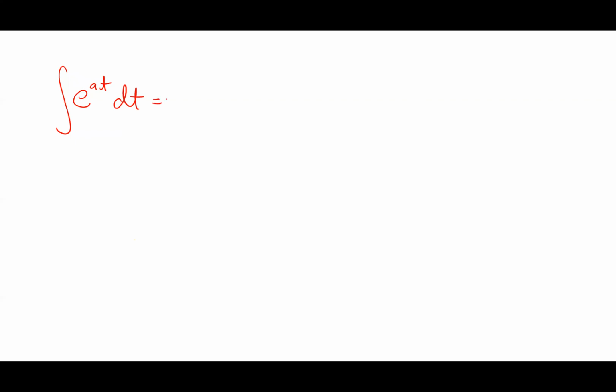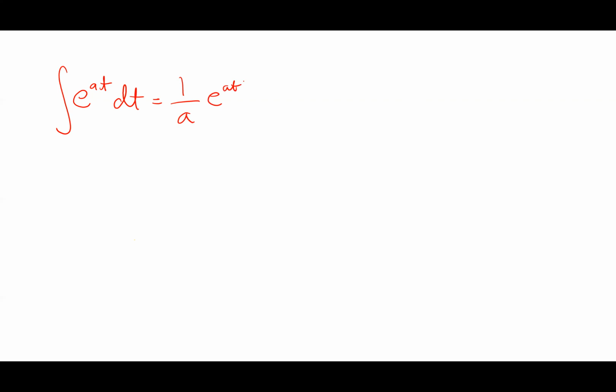What's that integral? E to the at dt. There's not many integrals that you should know in life, right? There really aren't. But that's one that you probably should. What is the integral of e to the at? 1 over a e to the at. Yep, 1 over a times e to the at.